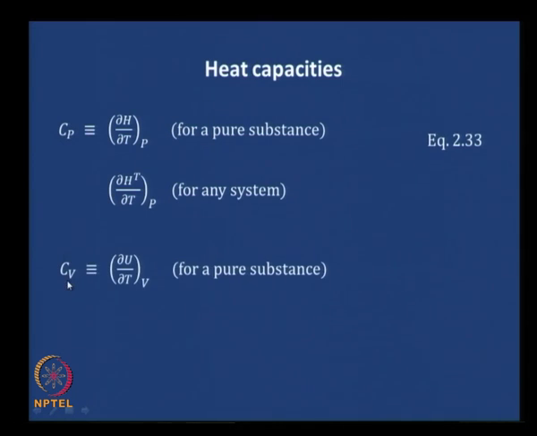Now, Cv is defined as ∂U/∂T. Cp was ∂H, enthalpy, ∂T, Cv is ∂ internal energy ∂T at constant volume. Since this is at constant volume, we call it Cv, specific heat at constant volume. This is for a pure substance, we will call this equation 234, and for any system you can define Cv as ∂Ut/∂T at constant V.